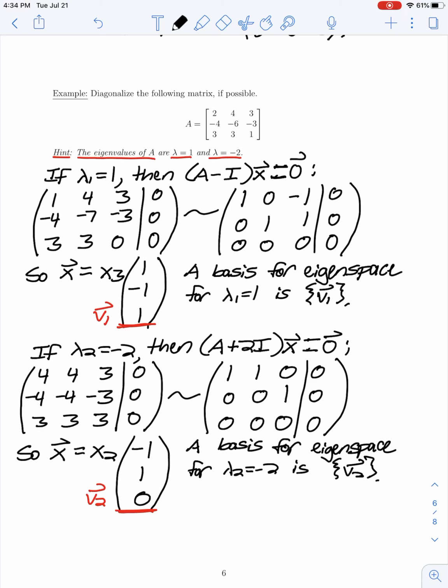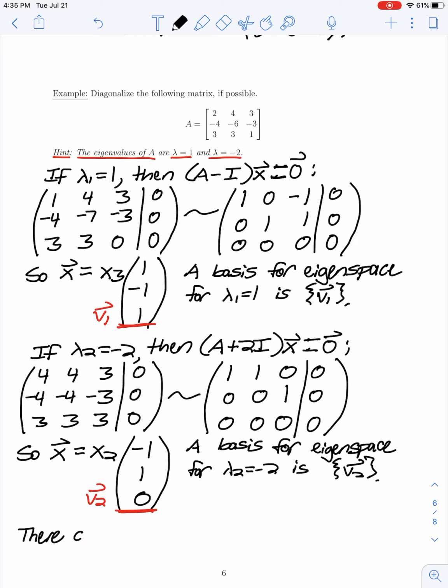So by inspection, we see that v1 and v2 are linearly independent since they're not scalar multiples of one another. However, every eigenvector of this matrix, we've just said, has to be a scalar multiple of one of those two vectors. So we only have two linearly independent eigenvectors for the matrix A, which is 3 by 3.